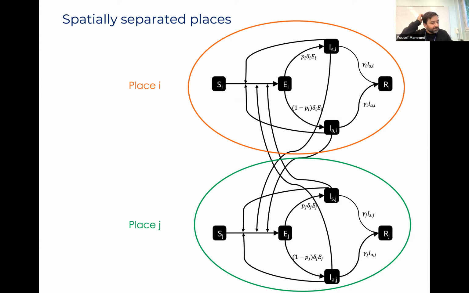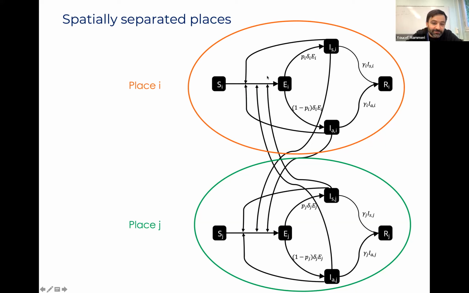For example, I want to see the spread in France and in Lebanon, so first, forget the exchange. I'm looking only at France, only at Lebanon, and I also need to compute the persons who are traveling between the countries.